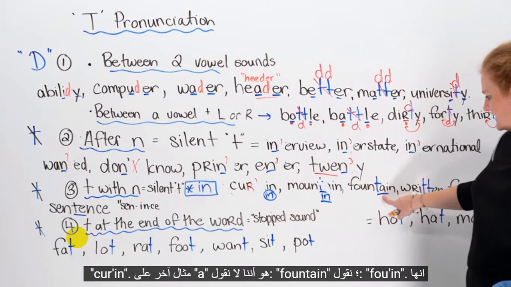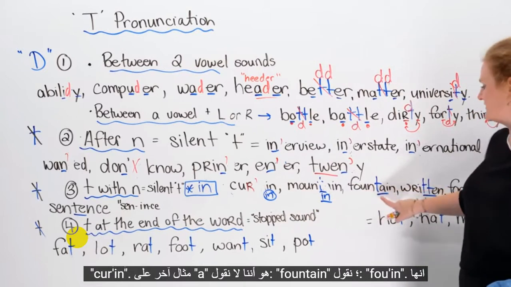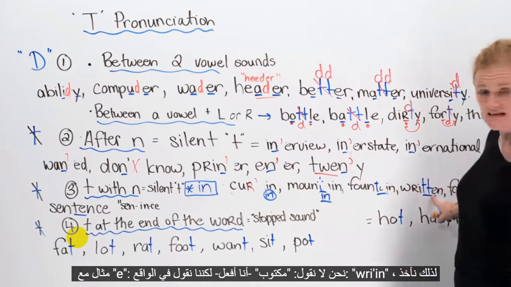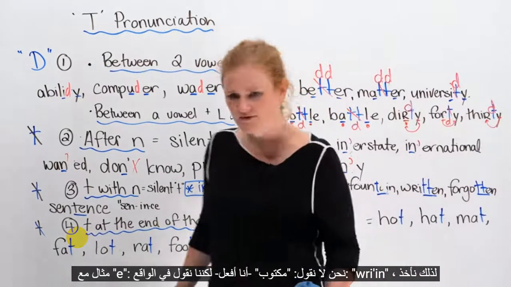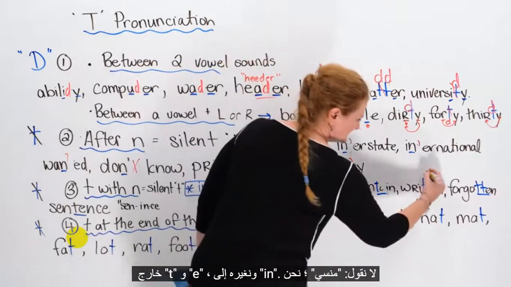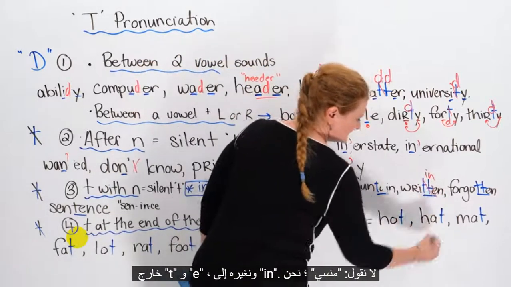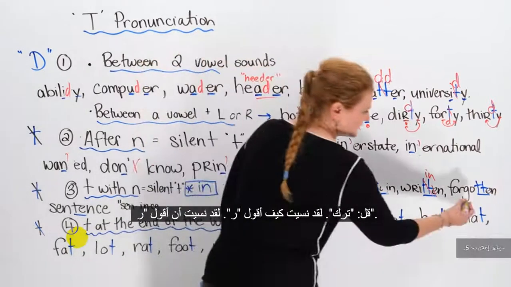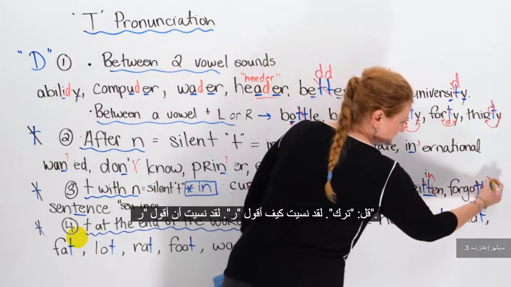Another example of the A is we don't say fountain, we say fountain. It's an example with the E. We don't say written, I do, but we actually say written. So we take out the T and the E, and we change it to an IN. We don't say forgotten, we say forgotten.